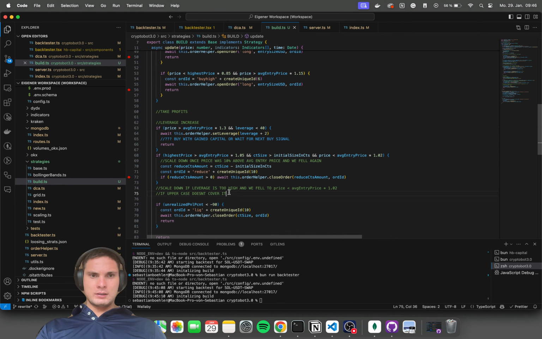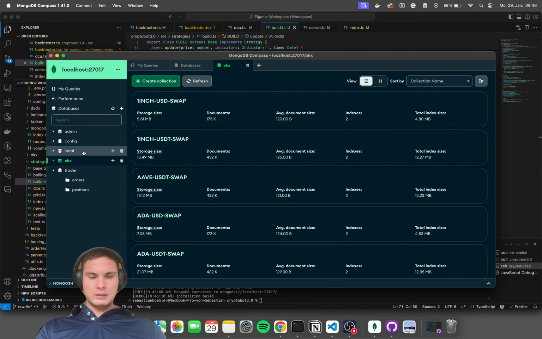Actually, I wanna say if the leverage is above 2, then close the whole position. So now we shouldn't get a liquidation.